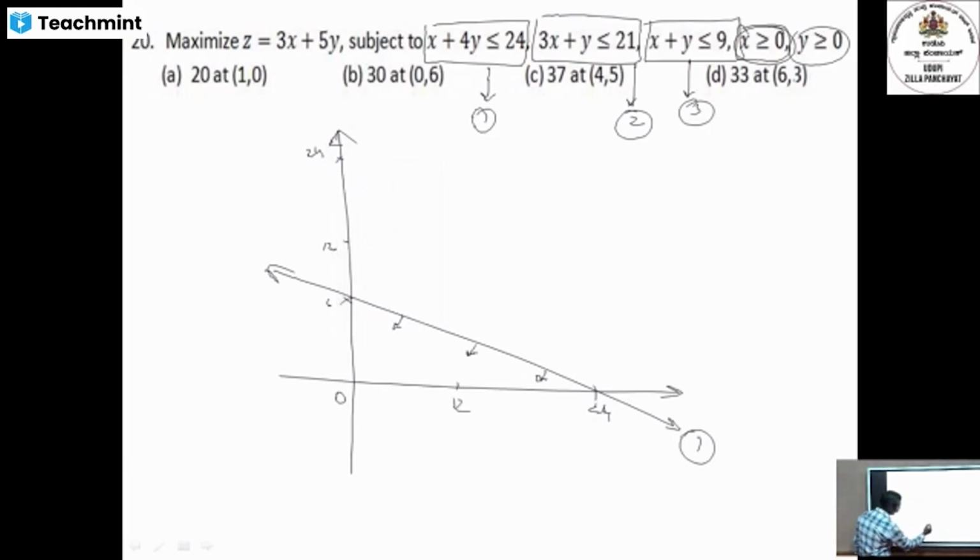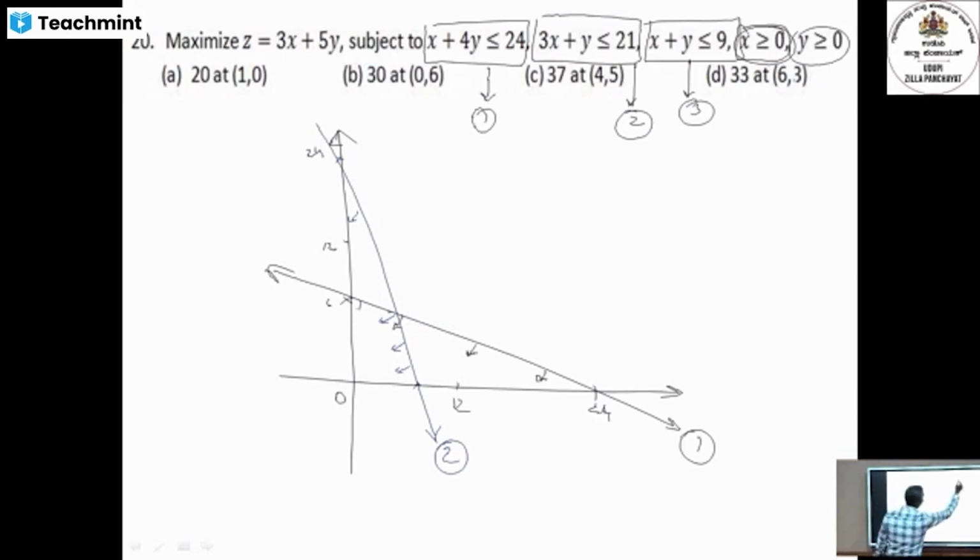So we get these two points. So this is your equation 2. Again, when you substitute x equals 0, y equals 0, shading is towards the origin. But we are not interested in this half, because the common region will be here. So below this line and this line. This is the one.